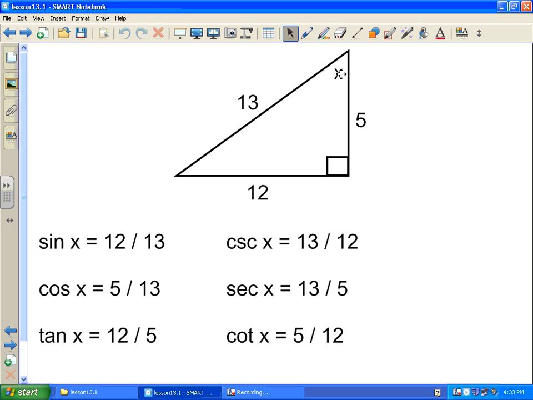So from angle x, the length of the side opposite is 12, the length of the side adjacent is 5, tan is opposite over adjacent, 12 over 5. And then I can see the other 3 trig functions are simply reciprocals of the first 3. Sine and cosecant are reciprocals, so 12 over 13 for sine, 13 over 12 for cosecant. Similar relationship with cosine and secant, and tangent and cotangent.